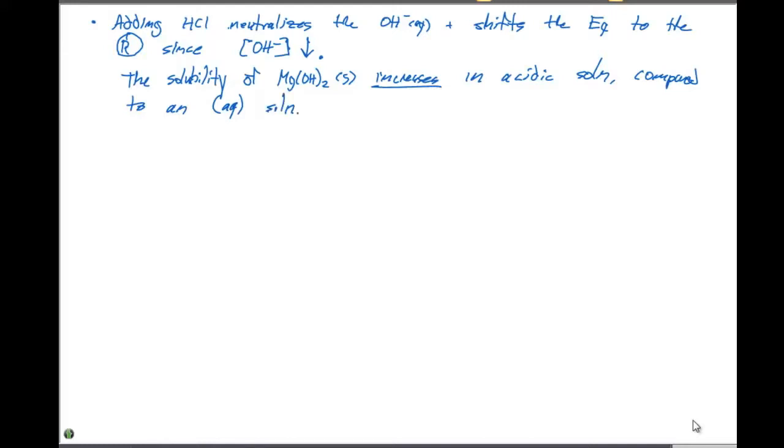So the more acidic we make this solution that we're dumping the magnesium hydroxide into, the more soluble it becomes.